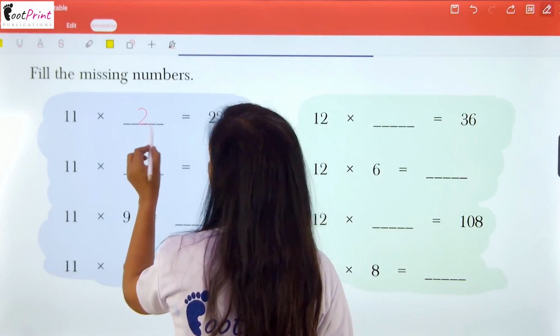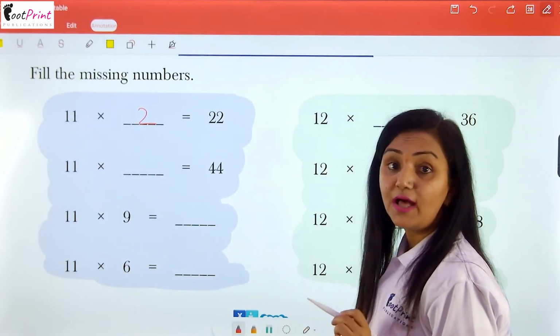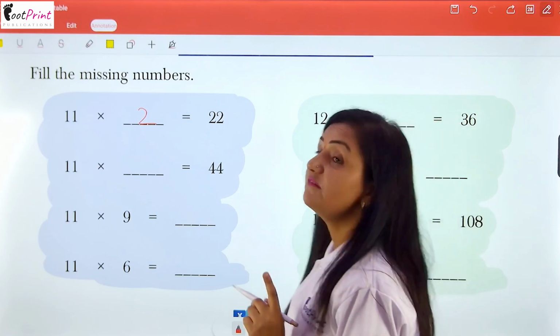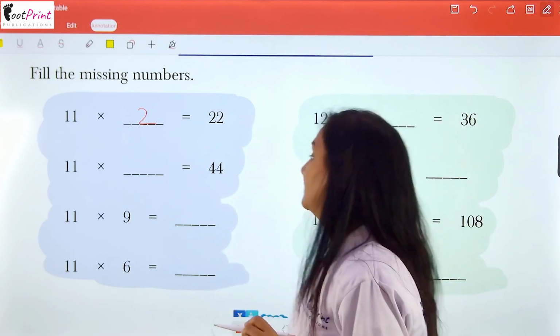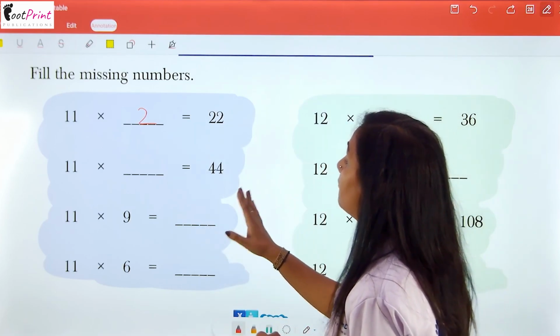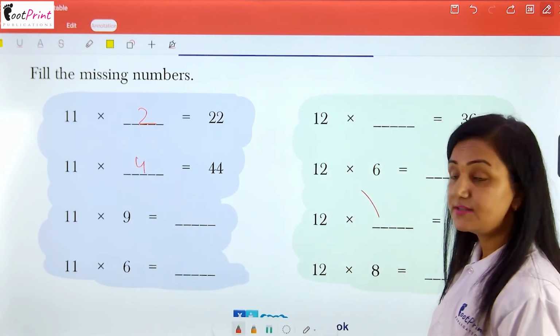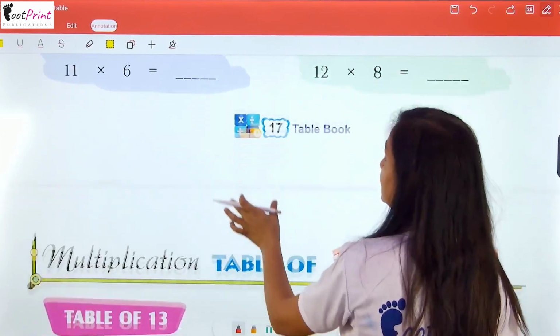So it will be 2. 11 2s are 22, and it will be possible only when you keep on revising the table very well. 11 4s are 44. Okay. Now in the same way you will complete the rest of the part of this table.